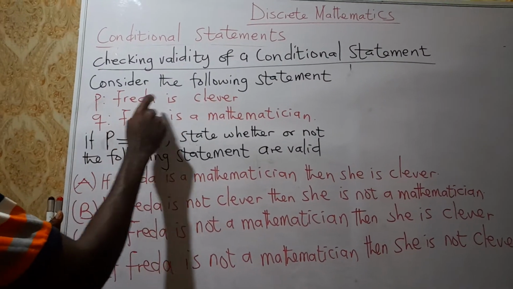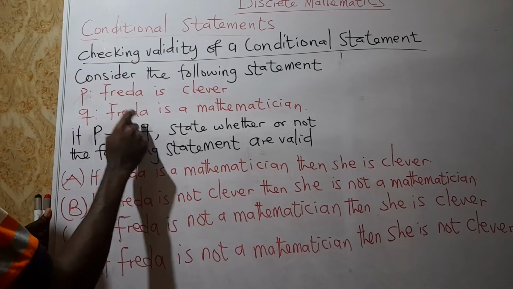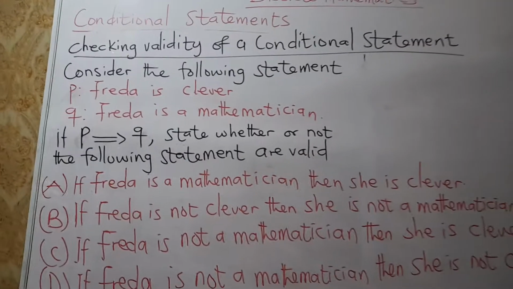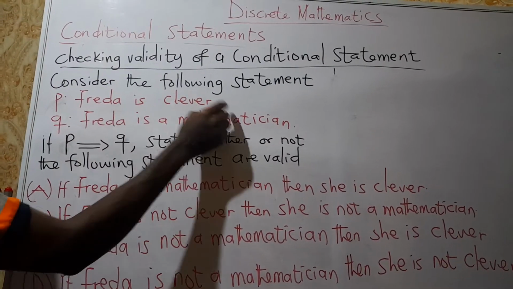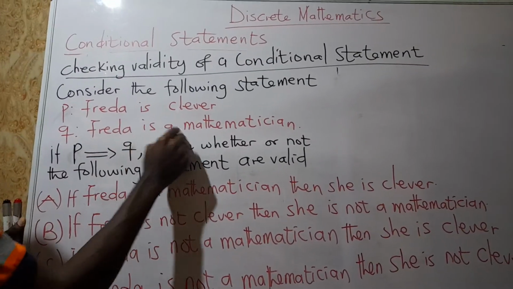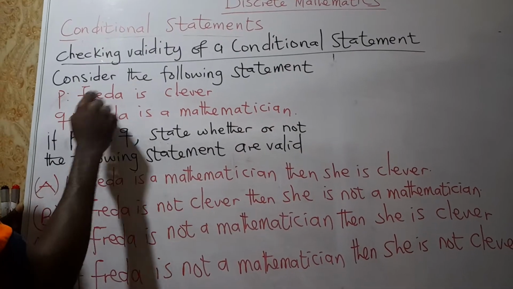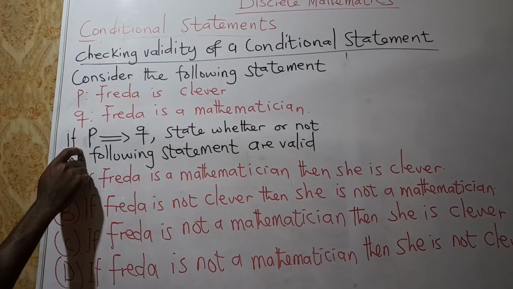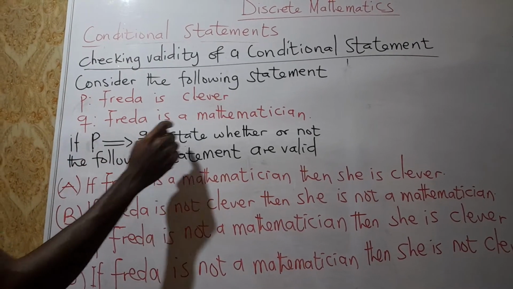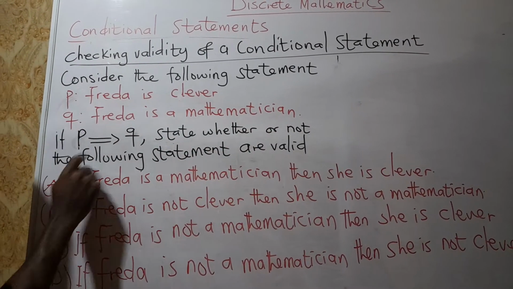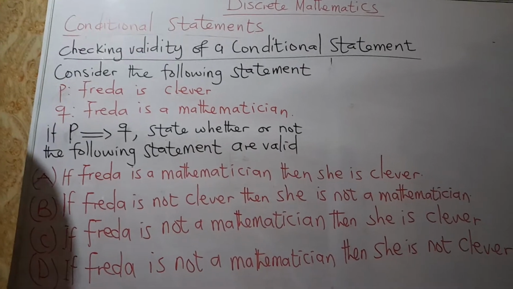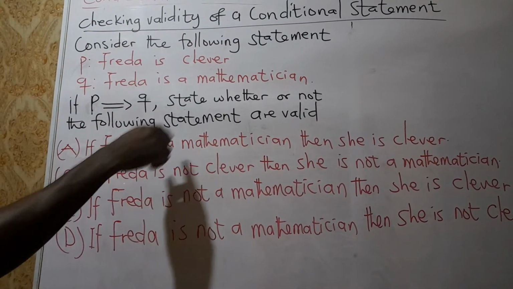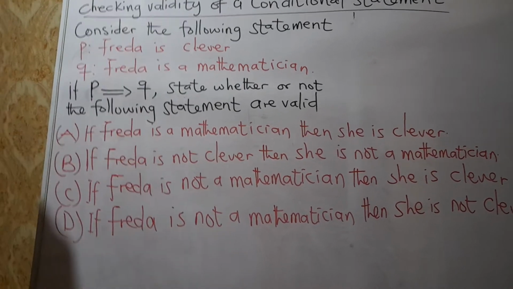P is Frida is clever, and Q is Frida is a mathematician. And they say if P implies Q, state whether or not the following statements are valid. So P implies Q, then we have to locate the statement that is valid.